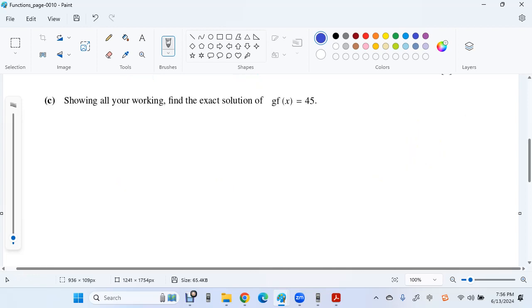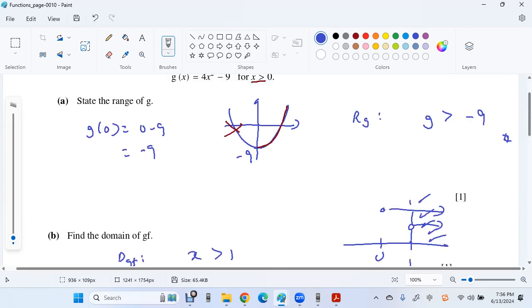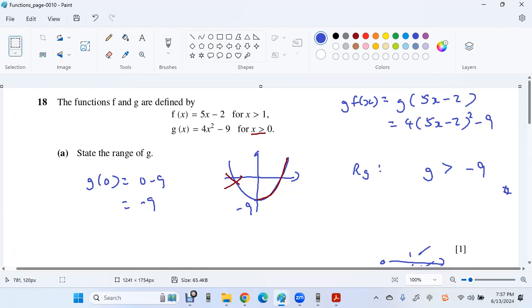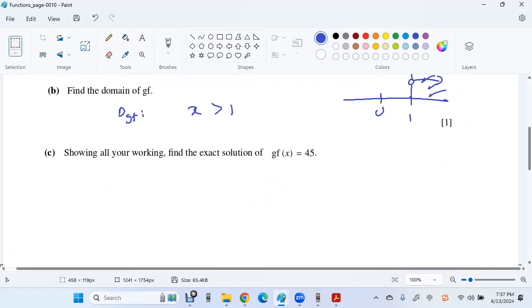C. Show all your working, find the exact solution of gf(x) equals 45. So gf(x) is g of f(x), and f(x) is 5x minus 2. So 4(5x minus 2) squared minus 9 will be gf(x).